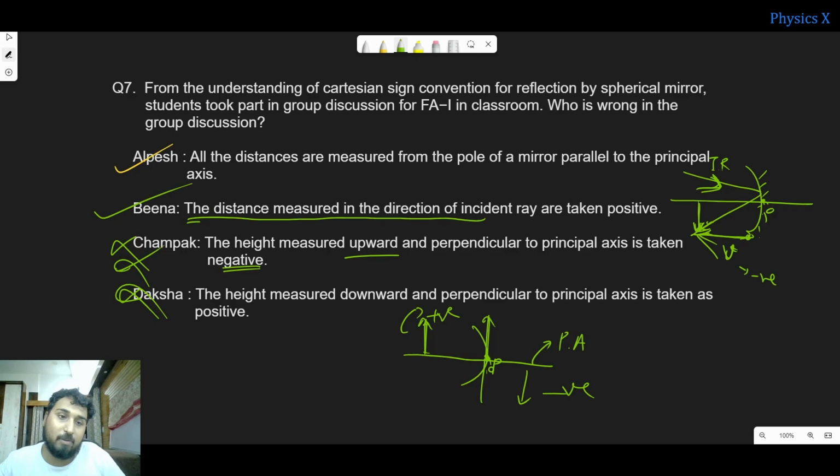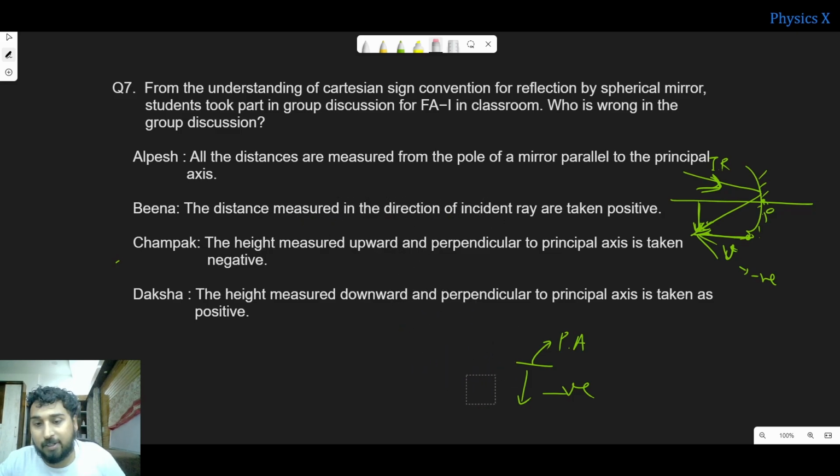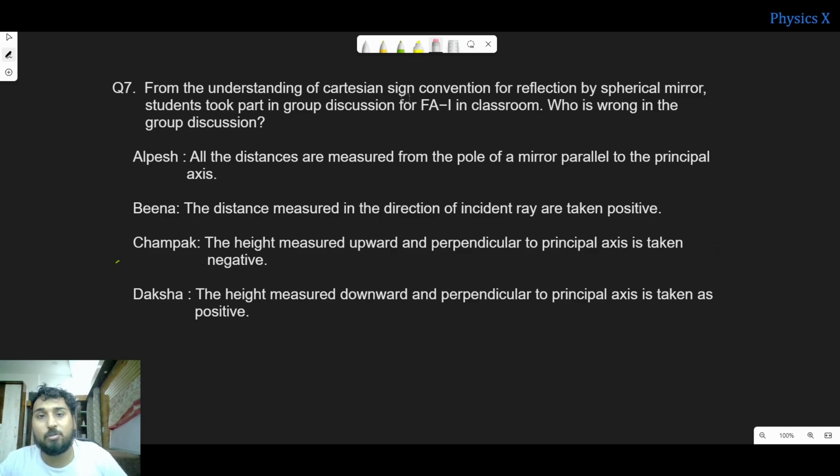So this statement is correct and you should remember that distances measured in the direction of the incident ray are taken as positive, whereas against the incident ray, they are negative. Okay, so this was one of your conceptual questions.